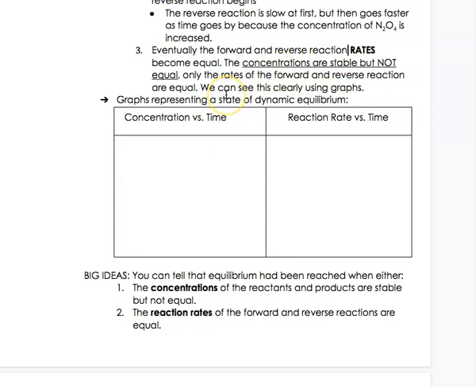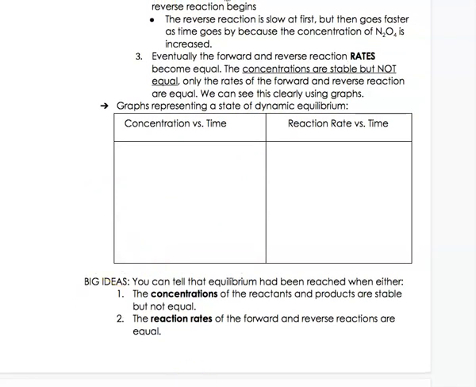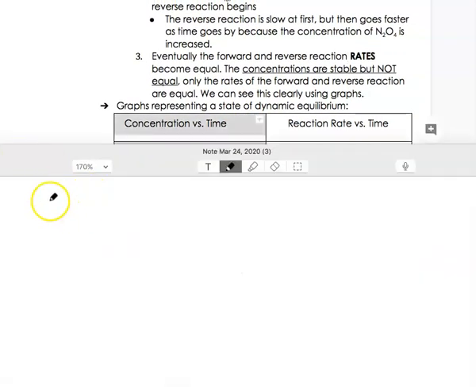To show that more clearly, I'm going to draw two graphs showing what is happening at equilibrium with respect to time. Again, let me just repeat myself. You have NO2.